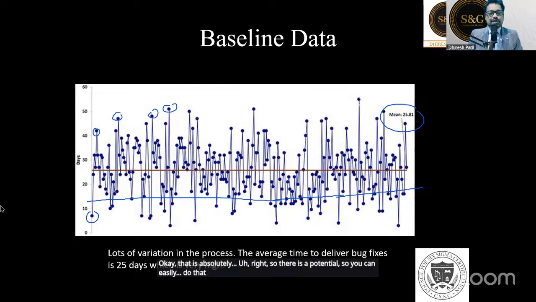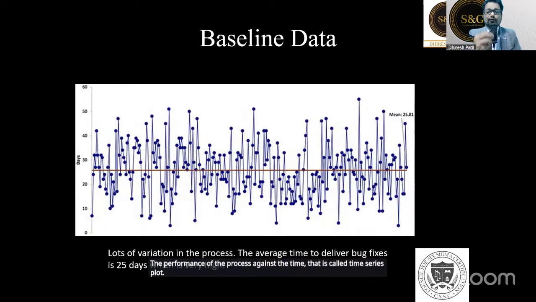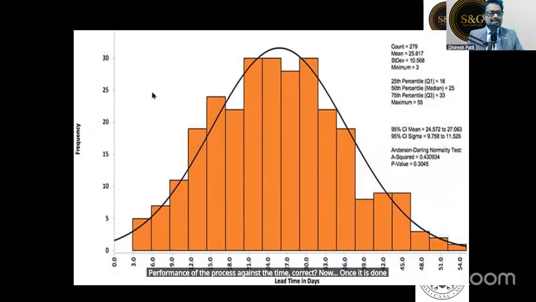Now time series plot, the name itself says the performance of the process against the time. That is called a time series plot. Performance of the process against the time. Correct? Now, once it is done, what is this? Yesterday we plotted that as well. What is this graph called?